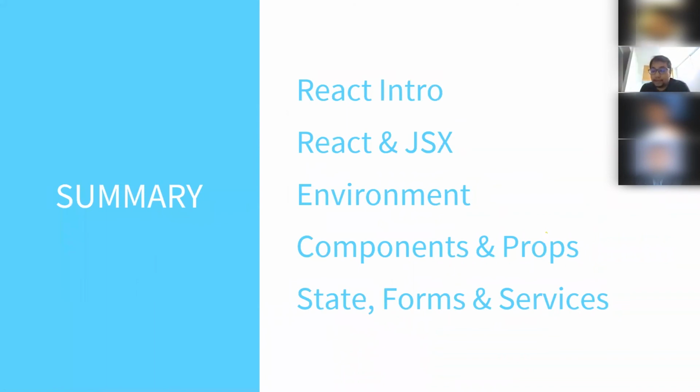So in summary, we learned why we need React and what the importance of JSX is, because if you write pure or vanilla JavaScript, then you have to write more code inside your JS file. So it's not readable, it's not simple.